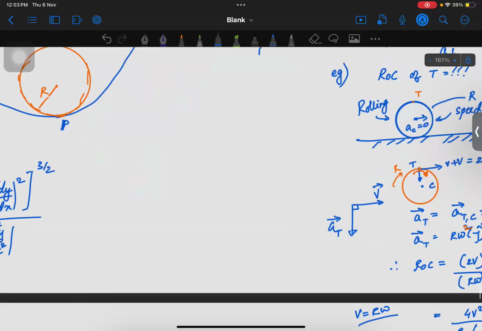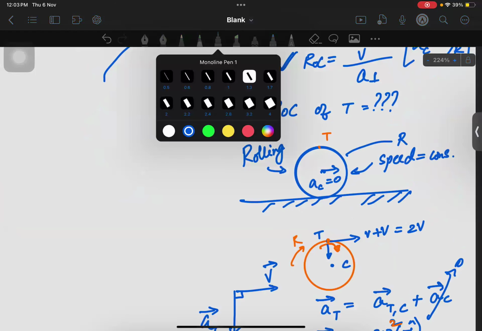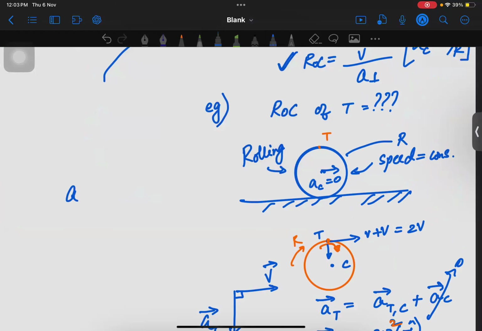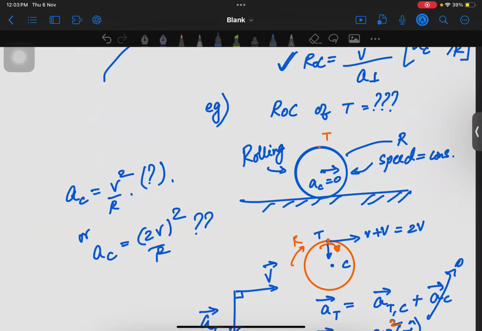Now, you may argue over here that why can't we write the AC as v square by r? Wouldn't this also be correct? Or why can't we write the AC as equal to 2v whole square divided by r? Can't this be correct? So which of these is correct?